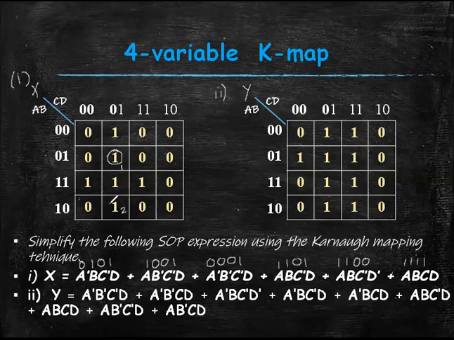It is the second in the order, and 0001 is the third one, 1101 is the fourth one, 1100 is the fifth one, and last 1111.